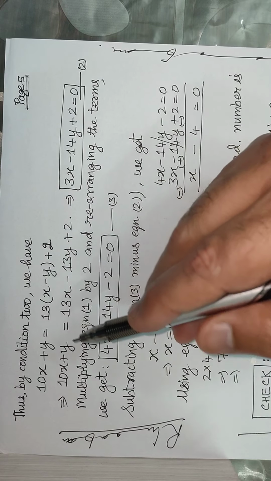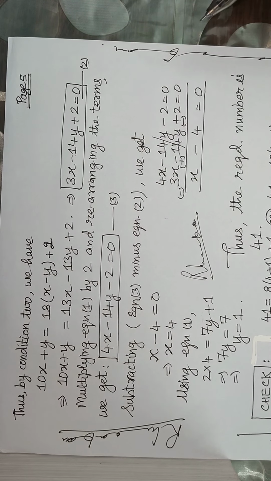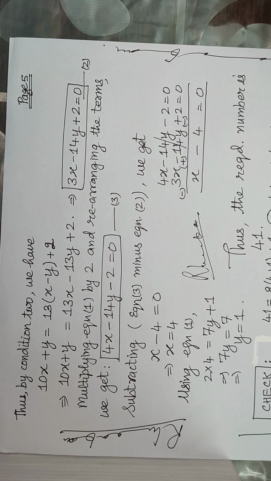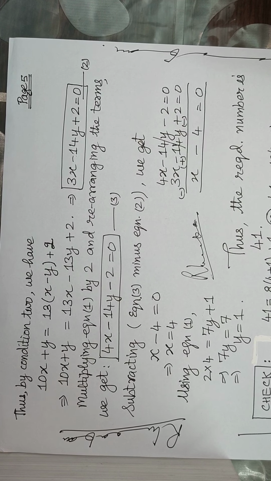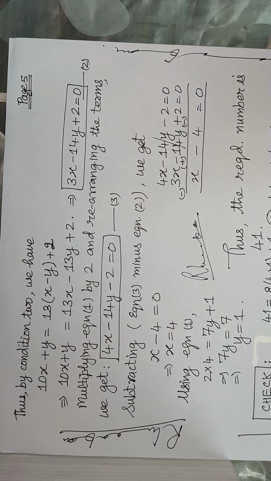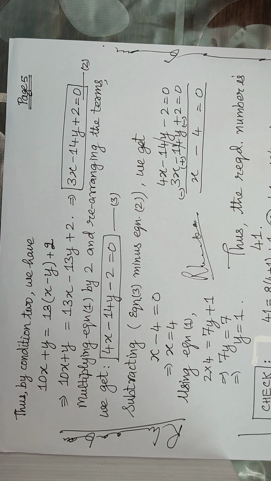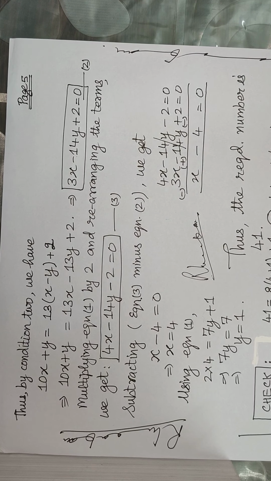Now suppose you fail to identify this in the examination, then what will you do out there? There is only one way out, and that becomes a very long, arduous route to take. Since you have not been able to identify whether x is bigger or y is bigger, you will have to take the plus minus sign.